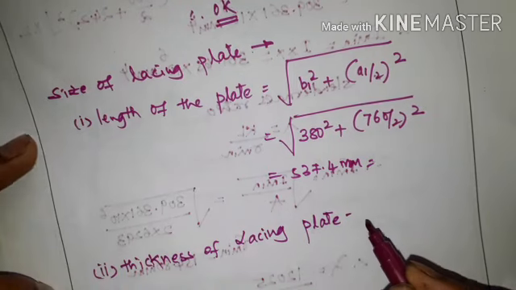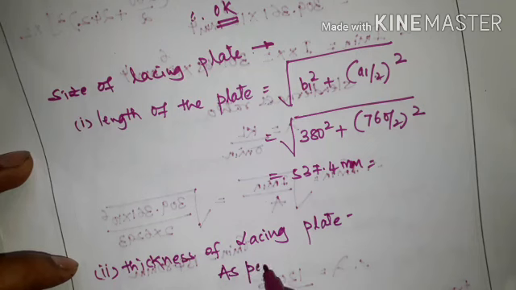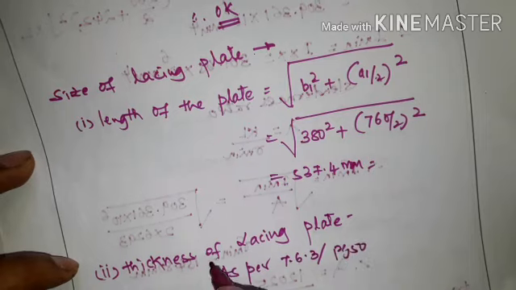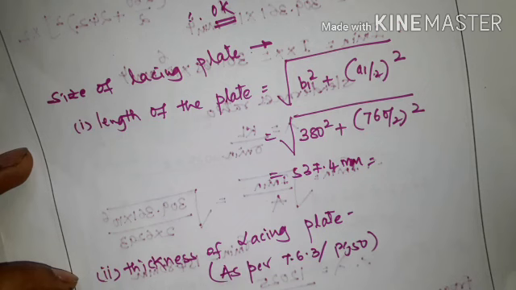So again, as per 7.6.3, page 50, it is given as T1 is equal to 1 by 40 times L1.